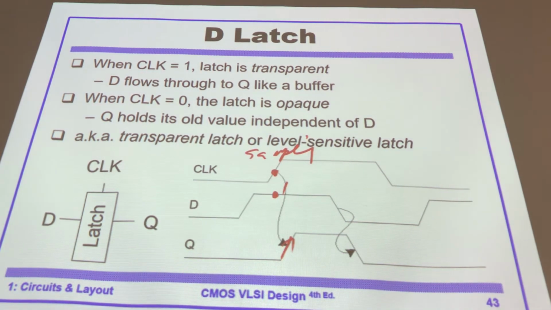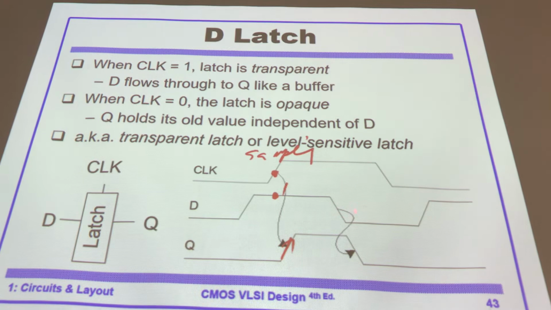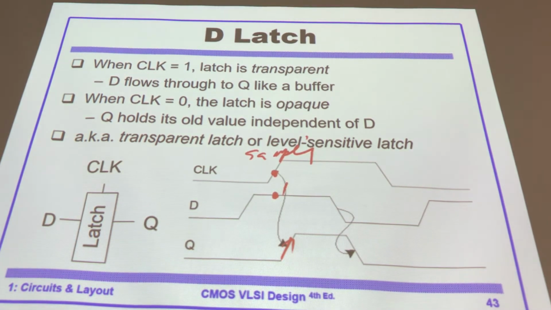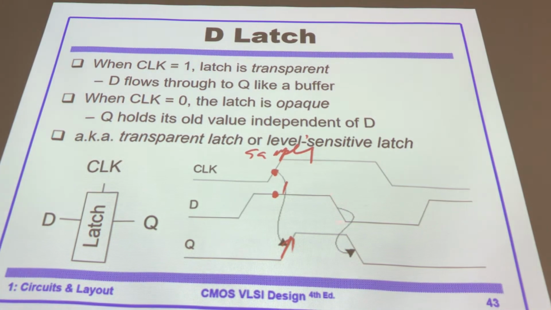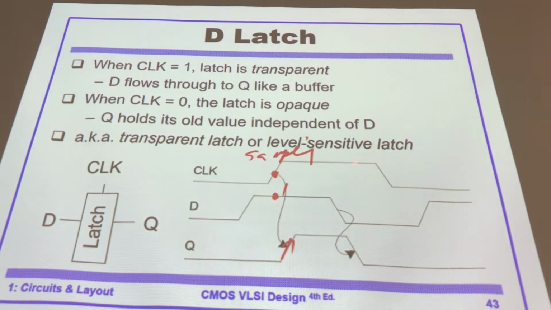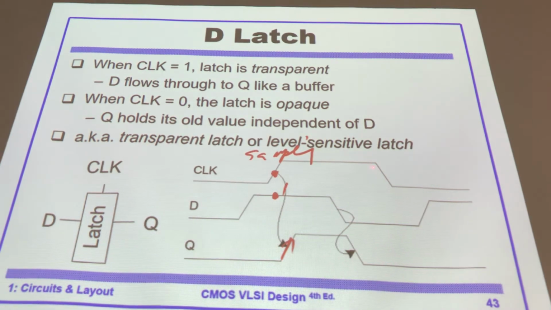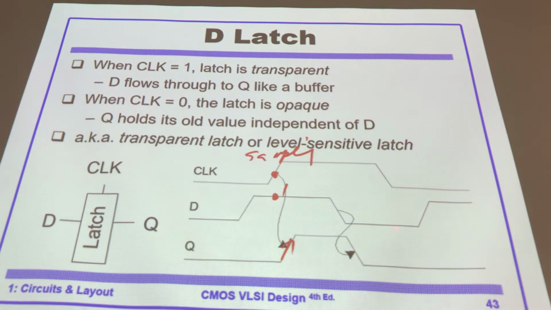Then what? When D goes low, at that time clock is still high, meaning the door is still open. The value from the outside can still get into the room and change the value inside. So Q will become low again because D becomes low. It goes low because we still open the door. After some time, the door is closed. Then, even though D goes high, it's not going to affect the inside.